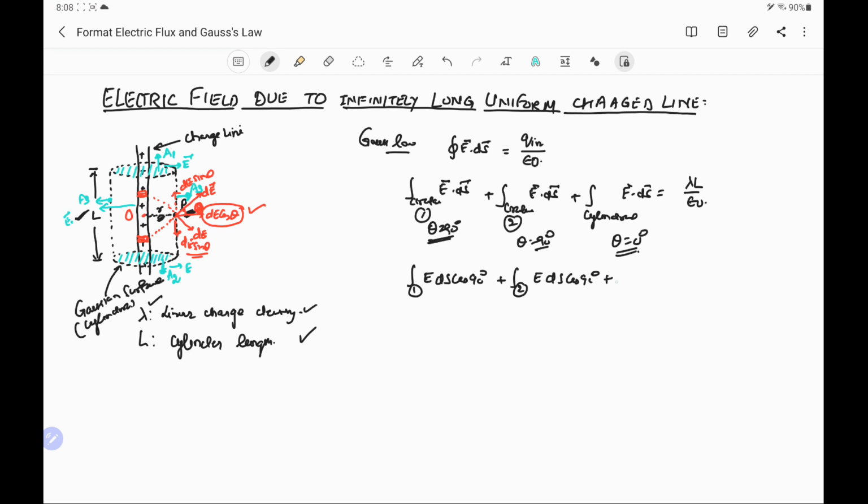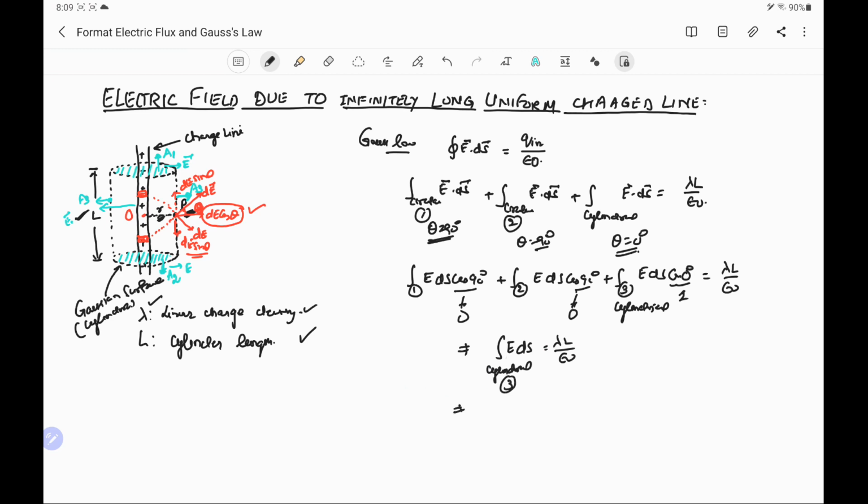And the remaining is the cylindrical surface, the third surface, where theta is 0 degrees, so we can write E ds cos 0 degrees, and it is equal to lambda L by epsilon naught. Cos 90 is 0, so the first integral is 0. Again cos 90 is 0, so the second integral is also 0, and cos 0 is 1. Therefore, finally we get integral E ds equal to lambda L by epsilon naught. This is for the cylindrical surface, which is the third surface.